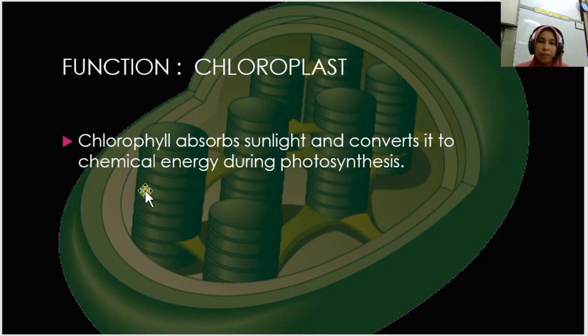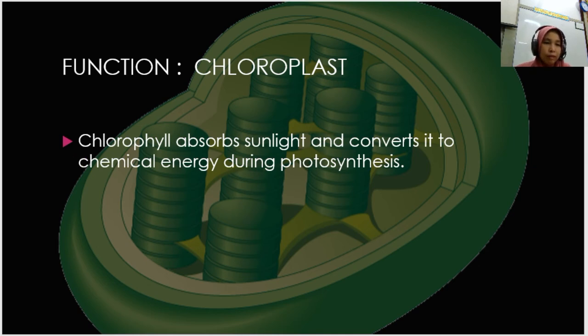So what is the function of the chloroplast? You have to remember: absorb sunlight during photosynthesis. That's all. If the question asks you about the function of the chloroplast, apa yang perlu tulis? You have to write absorb sunlight during photosynthesis.